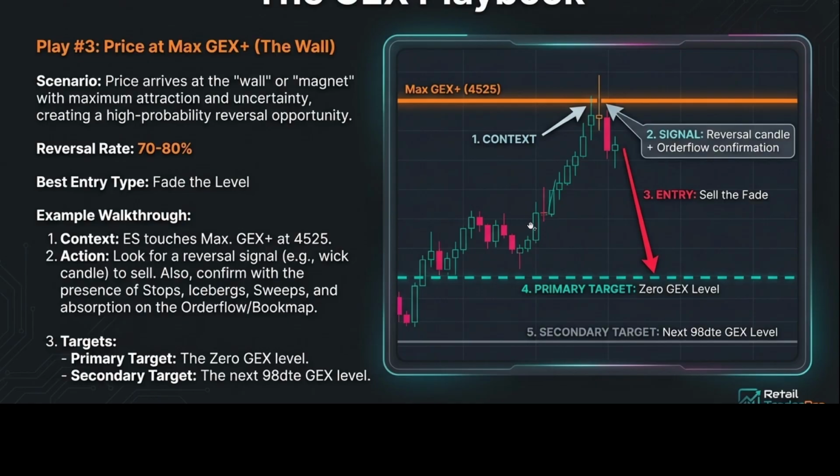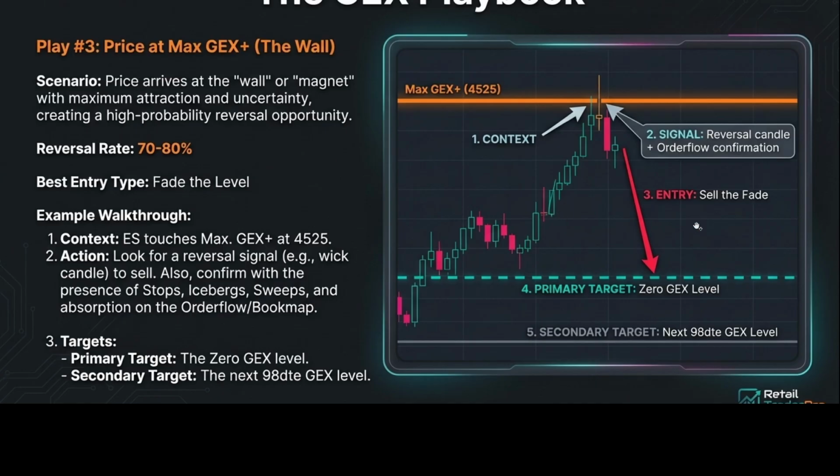The primary target is the 0 GEX level. Remember that this is our pivot of the GEX ladders. The secondary target is the next 98 DTE GEX level. But as I said before, what happens if we see a 98 DTE GEX level before 0 gamma?